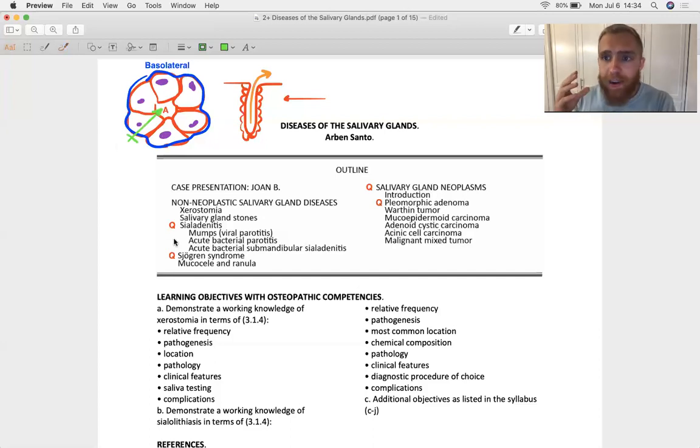So the side of the cell that is pushing out all the product, that's called the apical side, and that's the side lining the empty lumen. Now, the basolateral side, that's like the butt of the cell, and that has nothing to do with pushing out any product. That's the back end. That's the hardware, not the software.